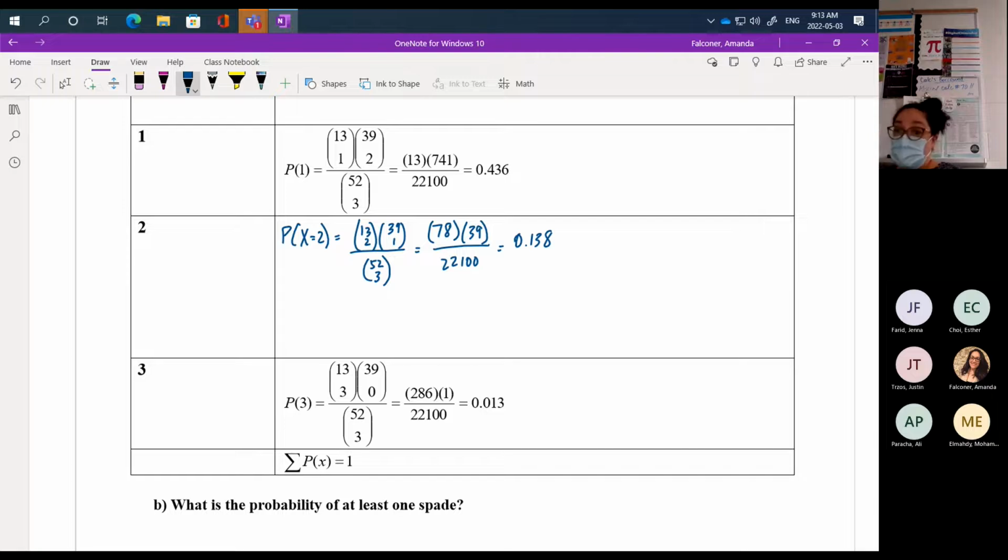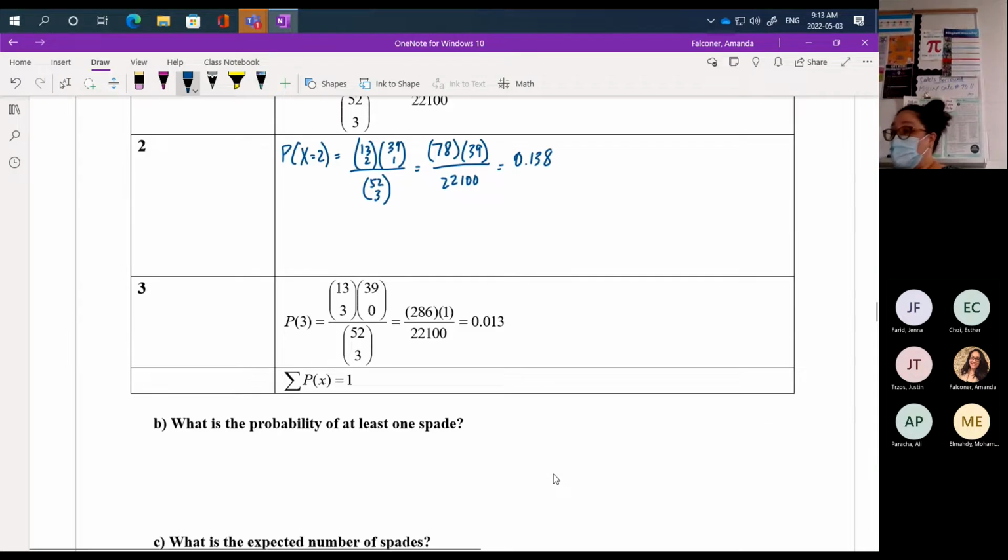When we have a probability distribution, when we add up all of the probabilities, they should add to approximately 1. So we can double check that whenever we do a probability distribution, like you probably will on a quiz or a test for this unit. It also says for my next one, what is the probability of at least one spade?